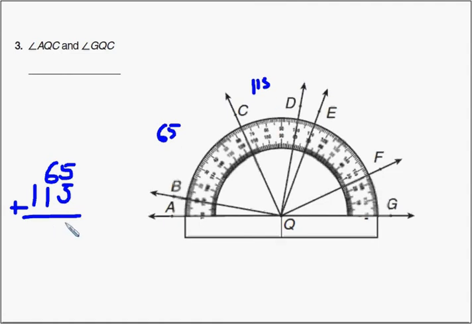So if you add those two together, you get 180. So this is supplemental, number 3. Supplemental means they form a straight 180-degree line. So number 3 is supplemental. If they added to 90 degrees, we would call that complementary.